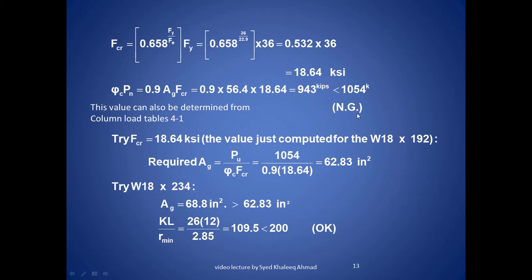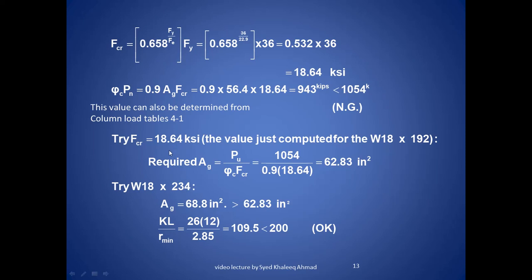Now once we find that this is not the governing section, it is not able to take this load as its strength is less than 1054 kip, we try another Fcr value. We can start with this section, because this section gives 943.